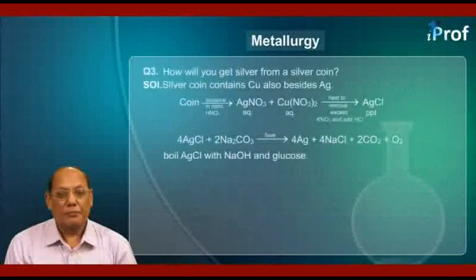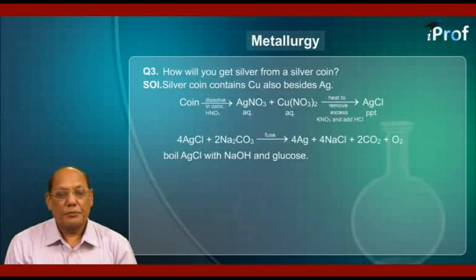Question number 3. How will you get silver from a silver coin? Let us see the answer. Remember, a silver coin contains copper also besides silver. Hence, we take the coin and dissolve that in concentrated nitric acid.